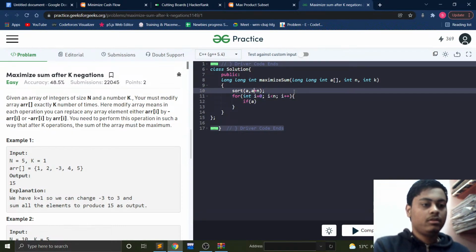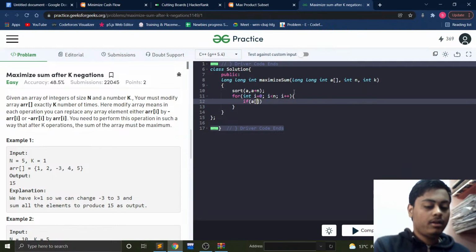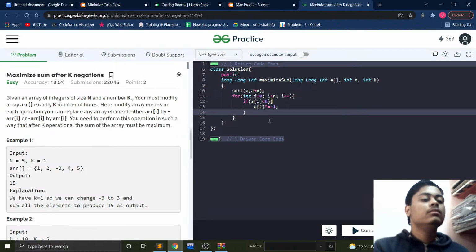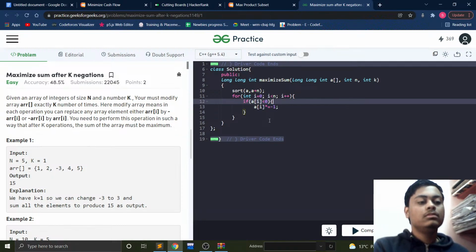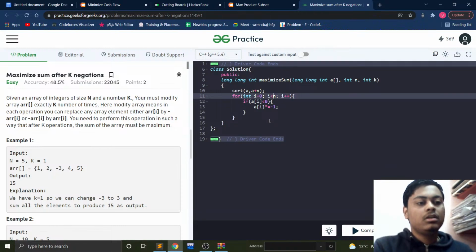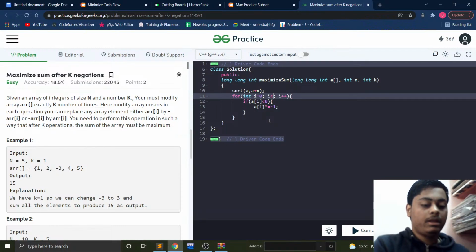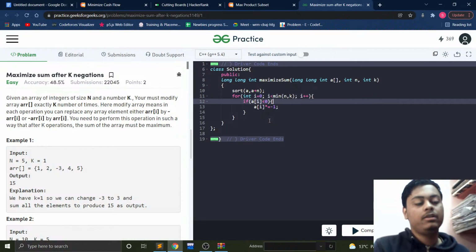If a[i] is negative, a[i] is equal to minus a[i]. The complexity is n log n, right? I won't make it go till n. I have to choose the first k numbers, right? So I'll do minimum of n comma k.